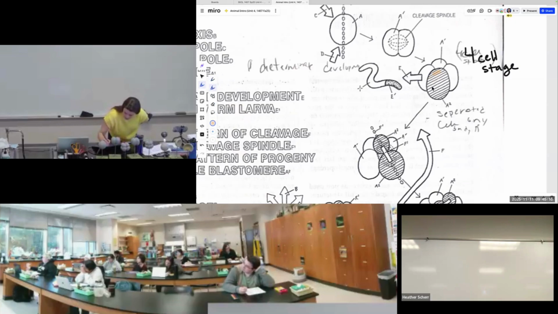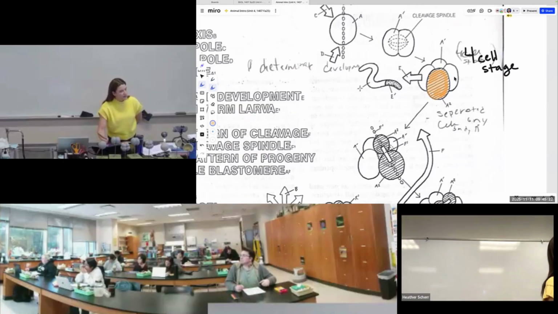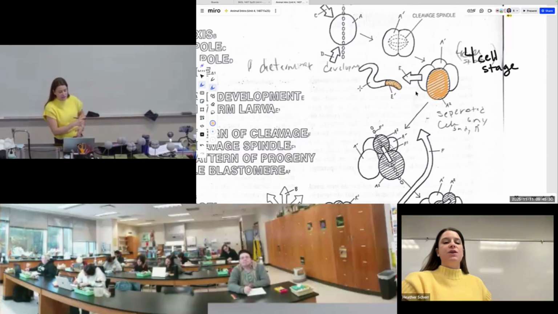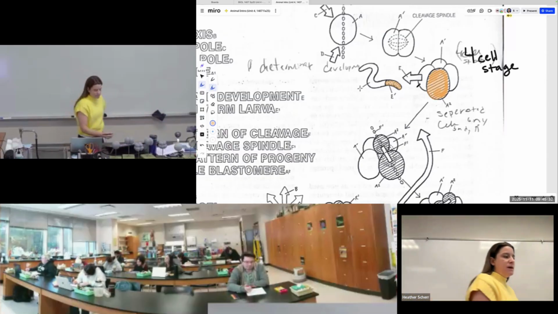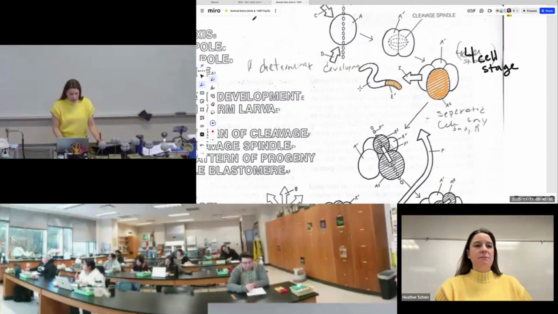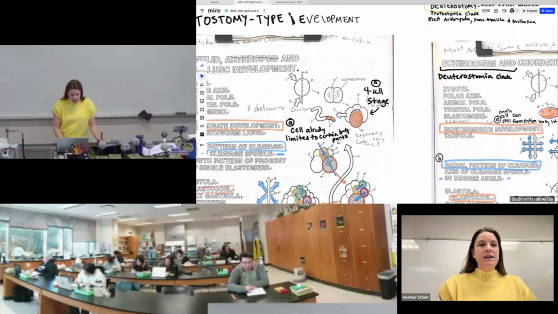Okay. Got it. All right, so we have this cell. Let's just look at this cell. And then if we took that cell, removed it from the embryo at this stage, and we saw what happened, it would only be able to grow into part of the organism. Now, is that going to make a living organism? No. But if you separate that cell, it can only grow into part of the adult organism because it's already stuck.